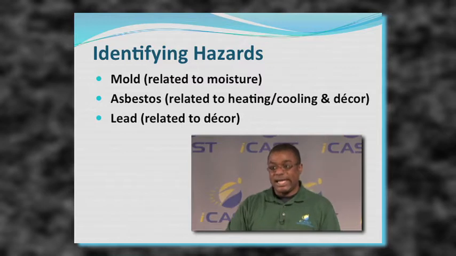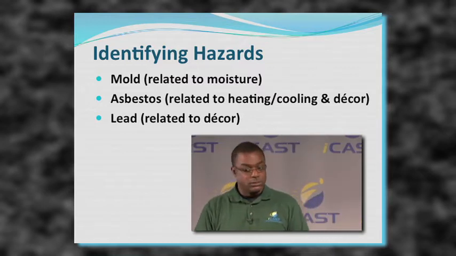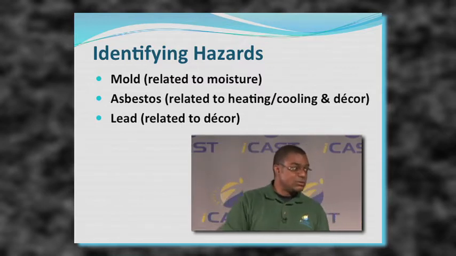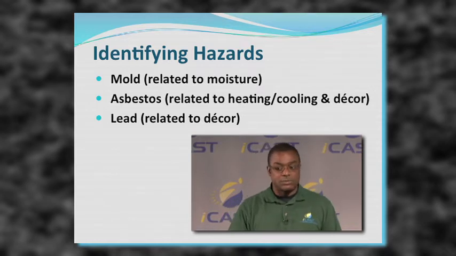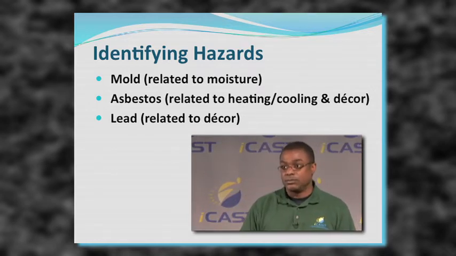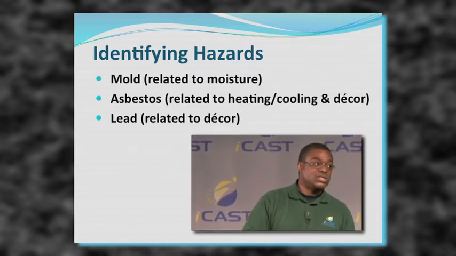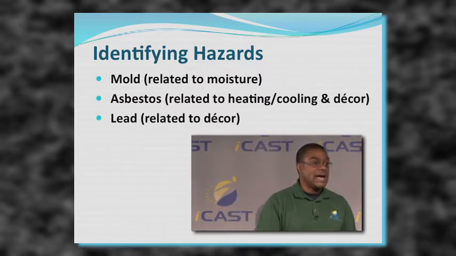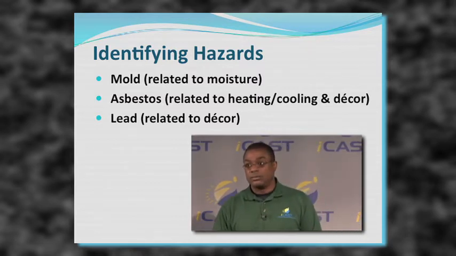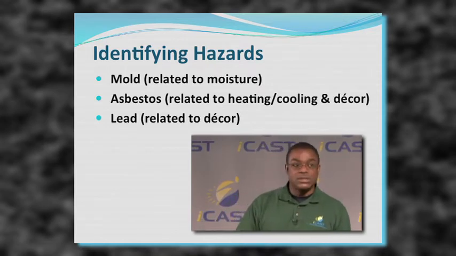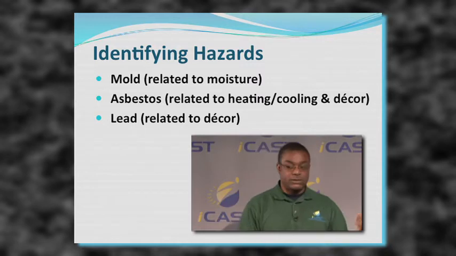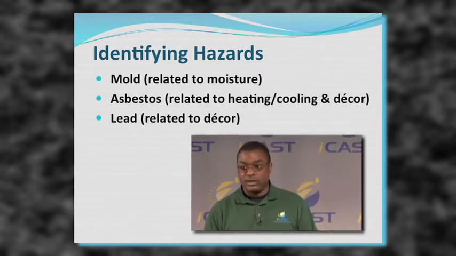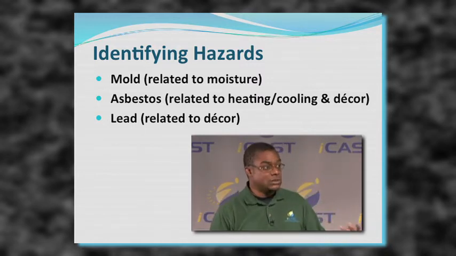So unless we have a mold certification, unless we have an asbestos certification, unless we have a lead certification, we're not mold inspectors, asbestos inspectors, lead inspectors. So when we see these things and we identify them as a problem, then we want to make a recommendation to the homeowner that they get a certified mold inspector, certified asbestos inspector, certified lead inspector to actually do the inspection.